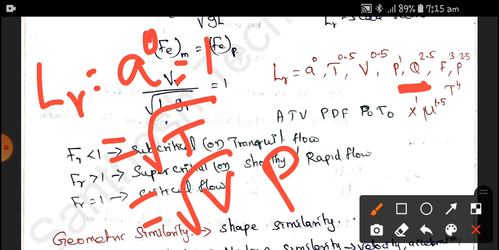For torque, it is power 4. For mu or viscosity, it is 1.5. So like that, the power ratios can be varied.